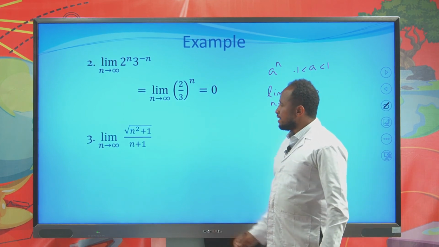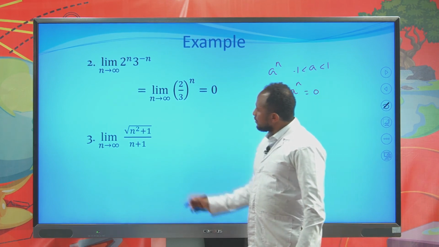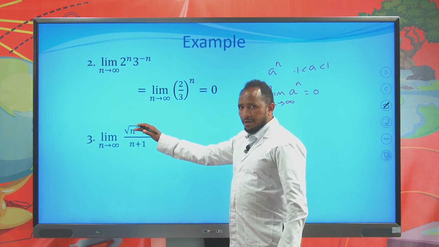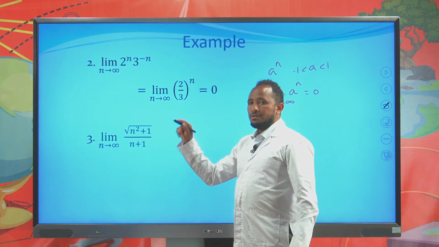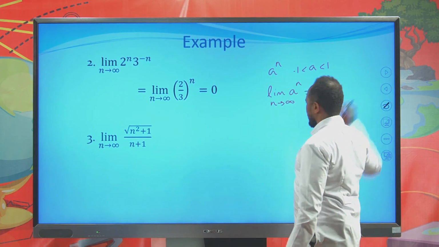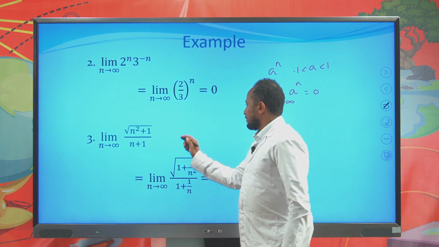To evaluate the limit of this sequence, we need to divide both the numerator and denominator by the square root of n squared. So when you divide by the square root of n squared, you get this one.